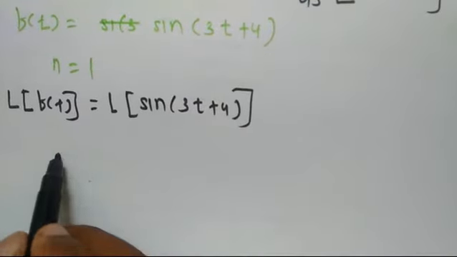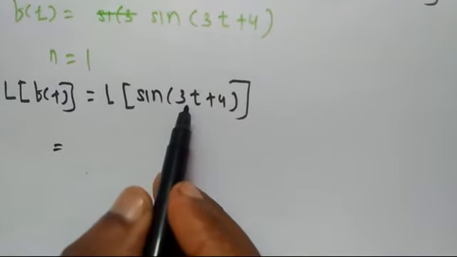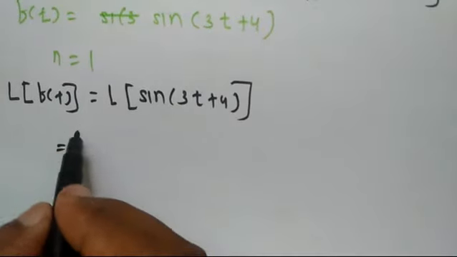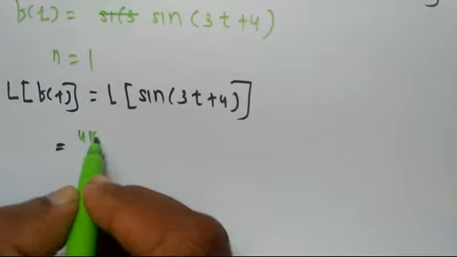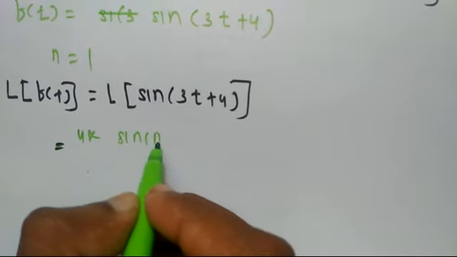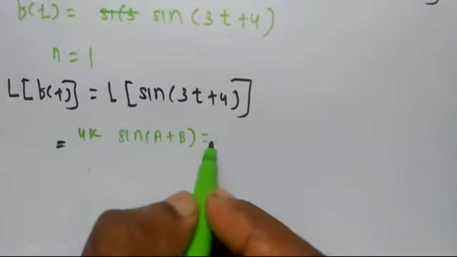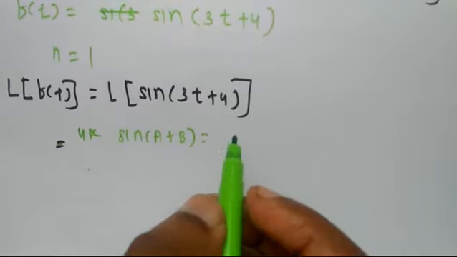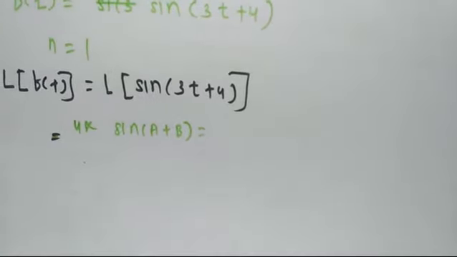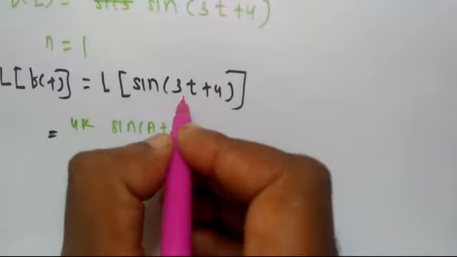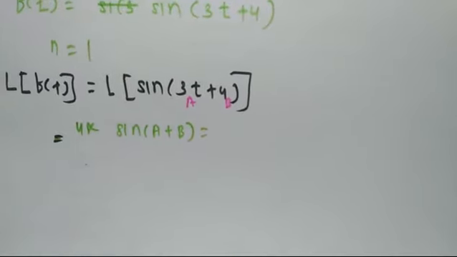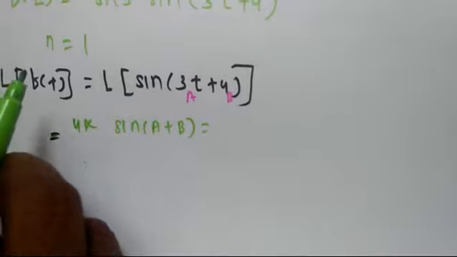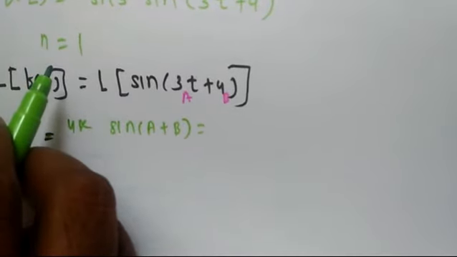To find the Laplace transform of this, we require the trigonometric ratio, that is, use this formula: sin(a plus b). Okay, so 3t we call a and 4 we call b, and separate them first, then try to find it.